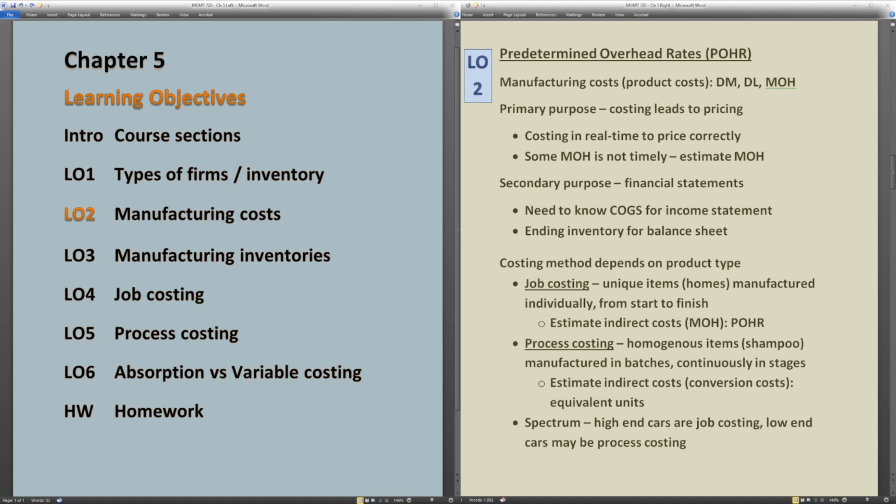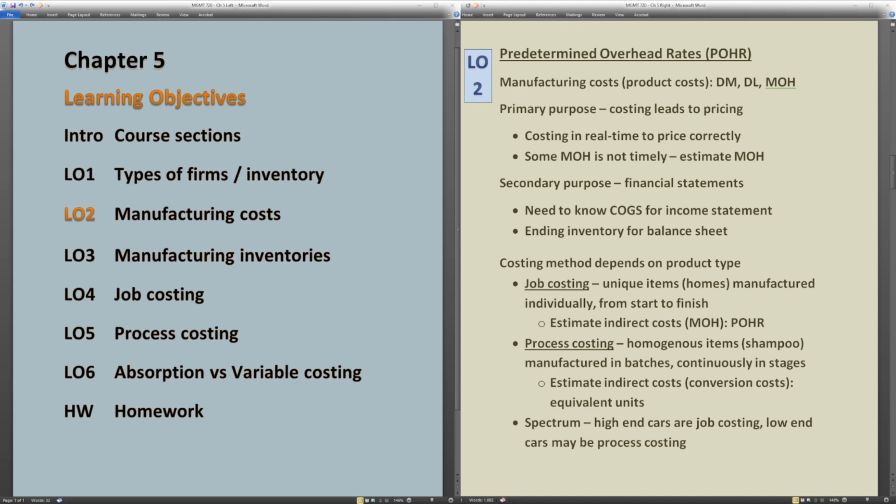The situation is that some manufacturing overhead, some of the indirect costs, are not timely. In other words, maybe you only know the insurance at the end of the year, or maybe you only understand the utilities once a quarter, or there's plenty of different manufacturing overhead that you will not get on a timely basis.